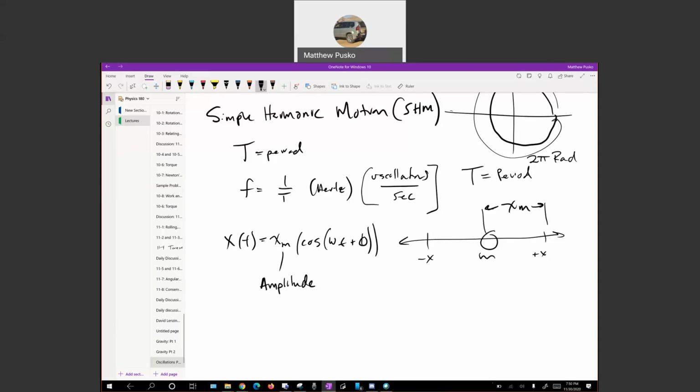That is, if I plotted the sinusoidal function of the cosine, this function right here, x of t versus t, that's going to look like cosine starts at 1 and then goes something like that.